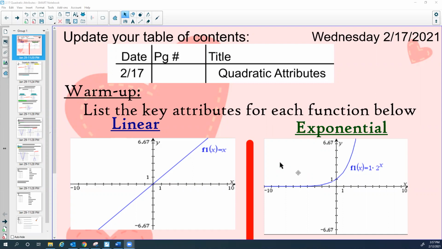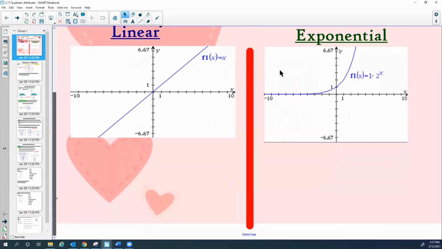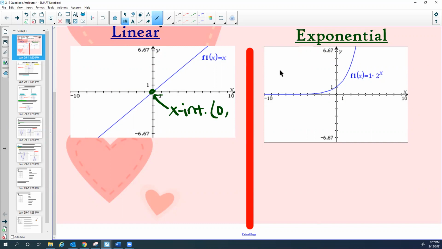All right, so both these two functions we have looked over. We have learned about linear functions, how this point right here, since it's crossing my x and my y axis, it is my x-intercept of (0, 0), and my y-intercept of (0, 0).